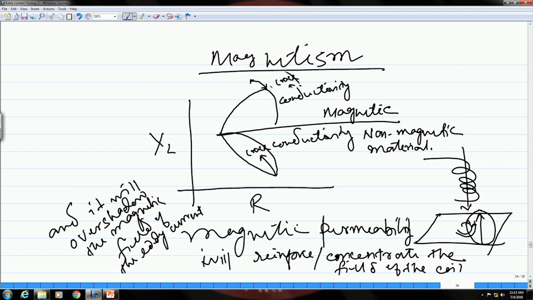This is how magnetism brings a change in the eddy current response, and you will see the lift off curve like this in case of a magnetic material.